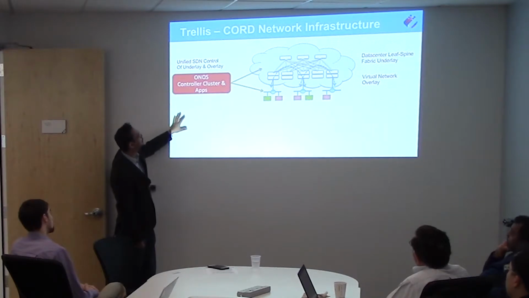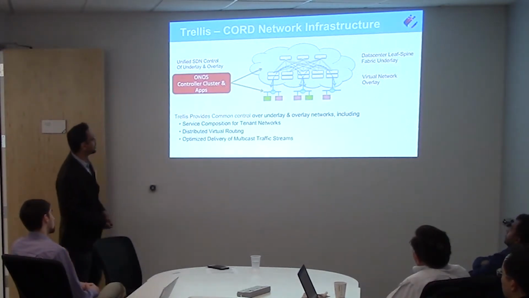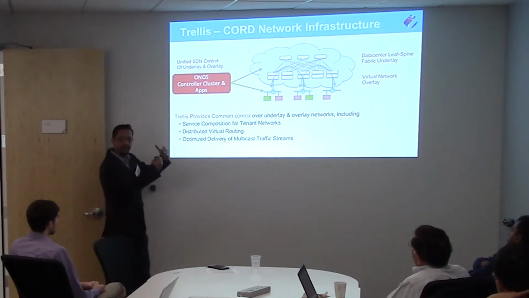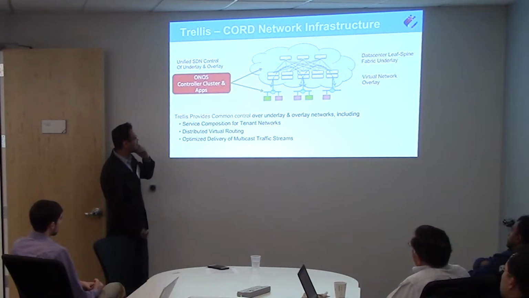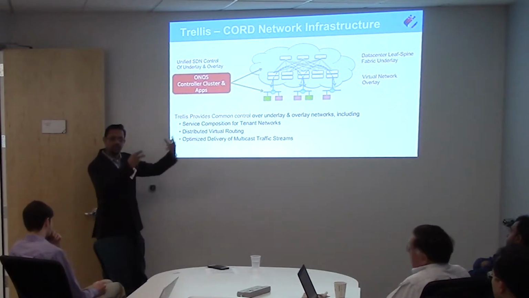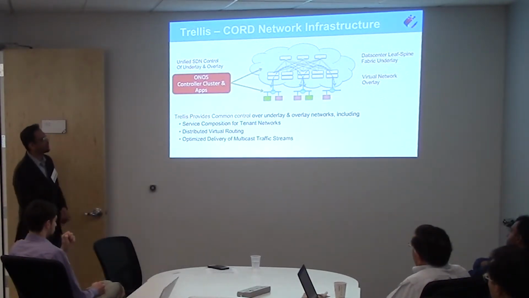Having this common SDN control over both underlay and overlay allows us to work with XOS to do a number of things that are optimized just because we have this common SDN control over both the overlay and the underlay. I'll talk about some of these things later in the presentation.